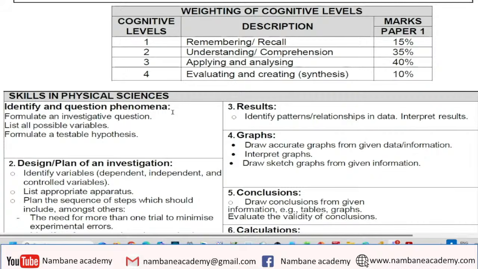You can't change the dependent first and then go to the independent variable. Whatever you have identified as your independent variable must be the one that changes first, and then what you have identified as the dependent variable will change after, because it depends on the changes made on the independent variable. That is very, very important.